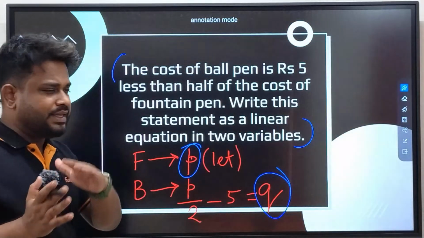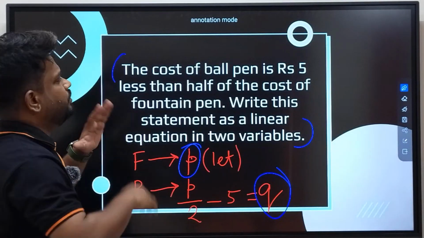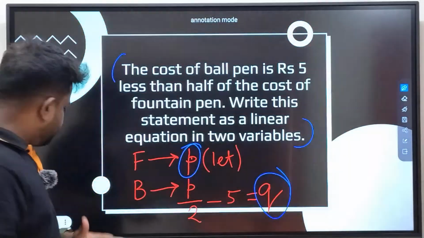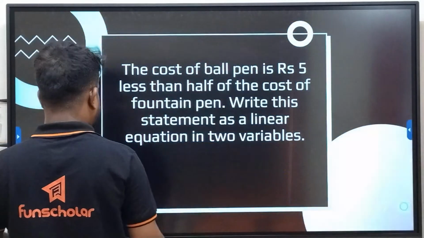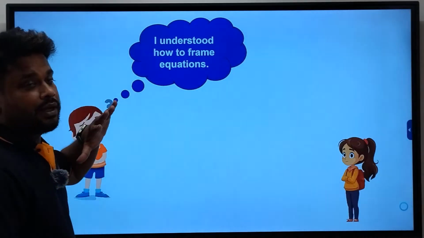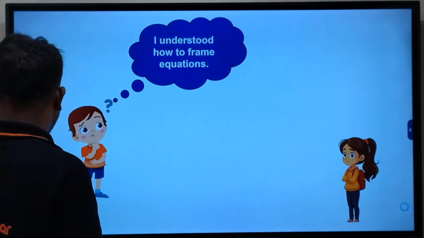These are all basic examples they are giving us to practice framing equations. So let's go further. Further on, maybe they will give us some real problems.